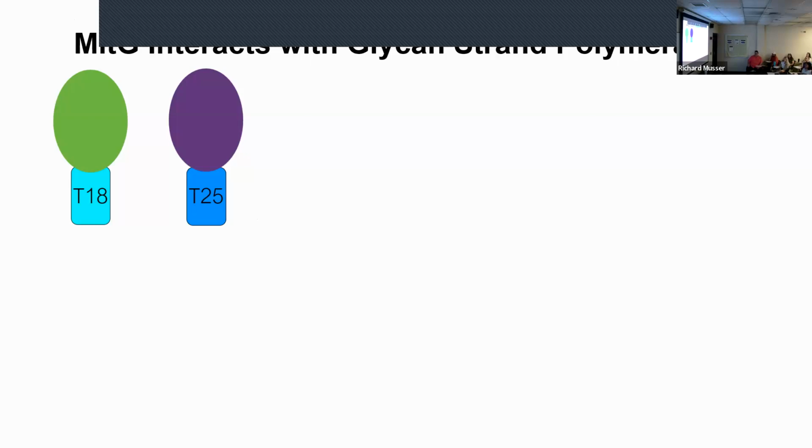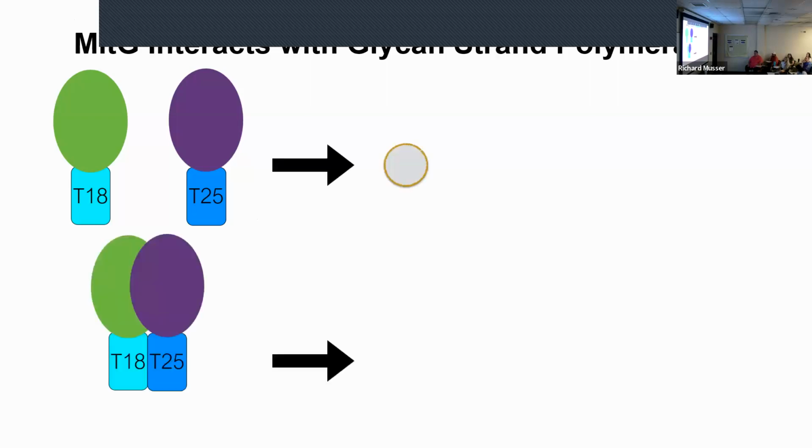If those two protein fusions do not interact, nothing happens, and the E. coli grows as a normal white-colored bacterial colony. If the two proteins of interest interact, they bind to each other.